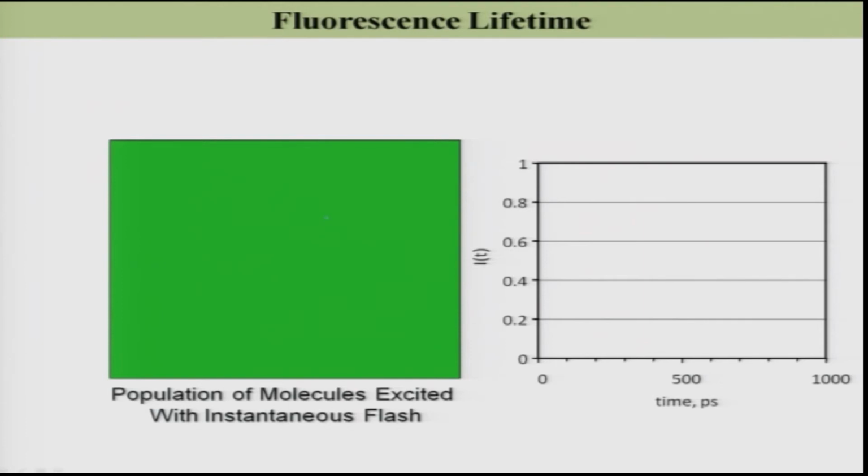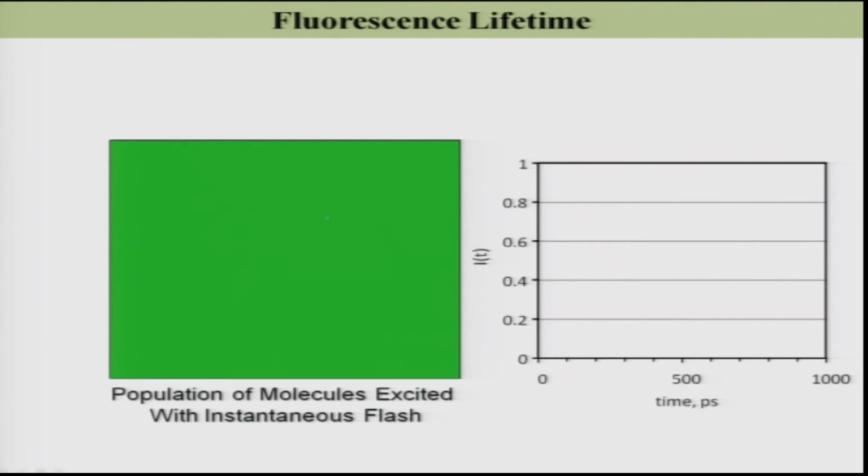All the molecules come back at a particular time delay after the excitation. Some molecules come back from the excited state to the ground state at an early time, some at a later time.